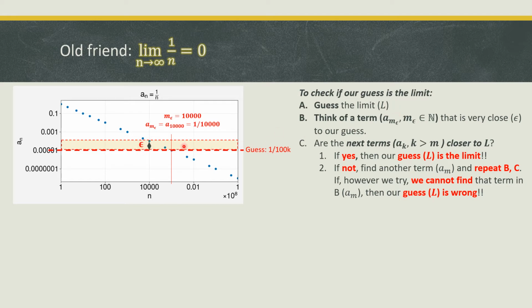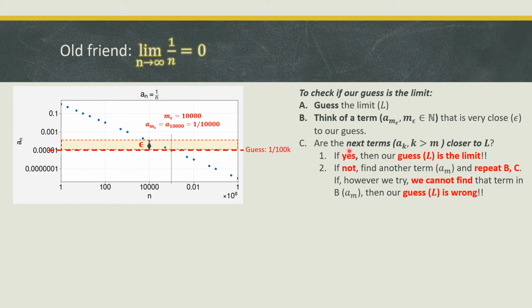So you see that the distance here is dependent on the term that we chose. And so that's why we put a sub epsilon for our m. So this is our m sub epsilon, 10,000, and at that m sub epsilon, this is the distance. This is the arrow that we have. This is the epsilon that we have.